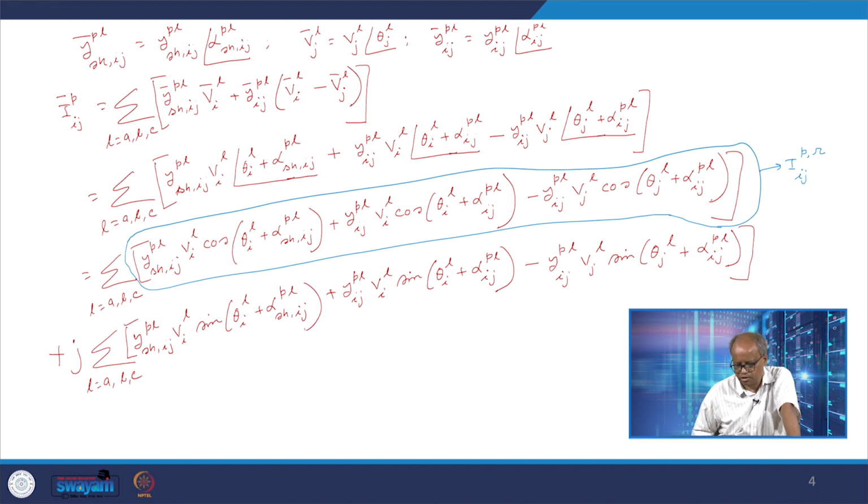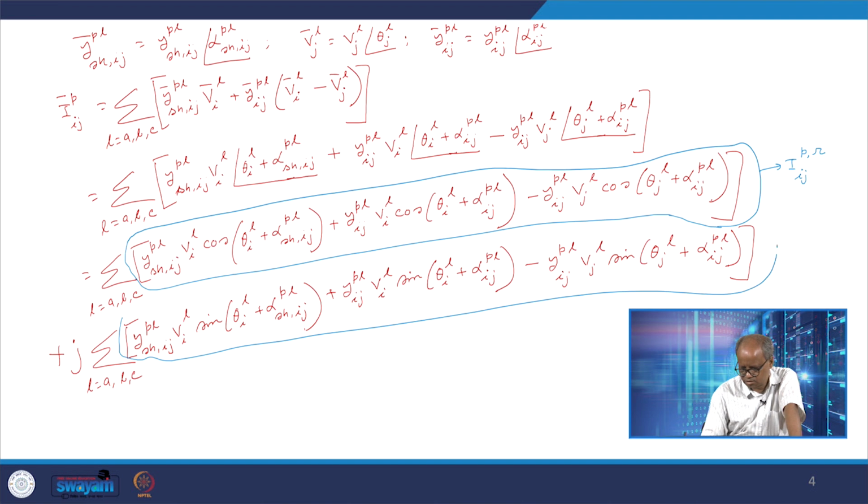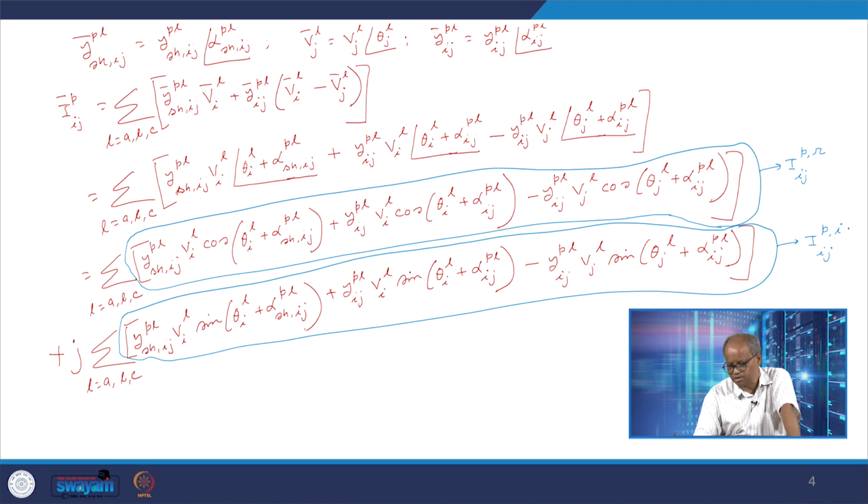This R stands for real part, and this denotes the imaginary part. So this is the imaginary part. Now this I stands for imaginary. Please note this I at the subscript denotes the bus number, but I in the superscript denotes the imaginary part.